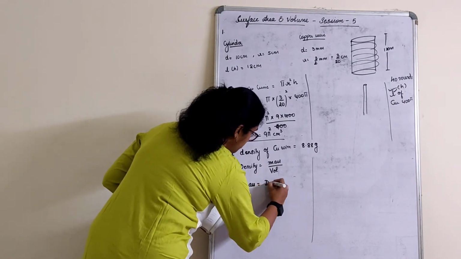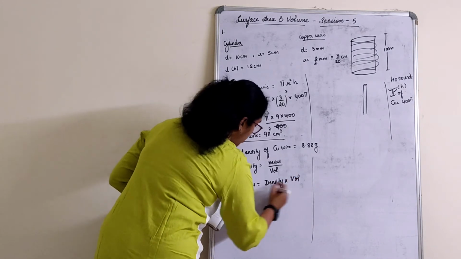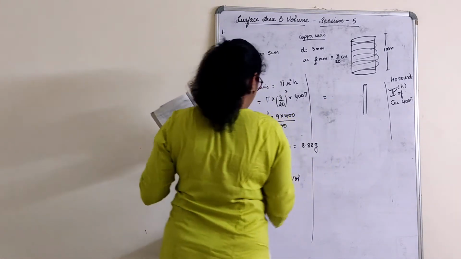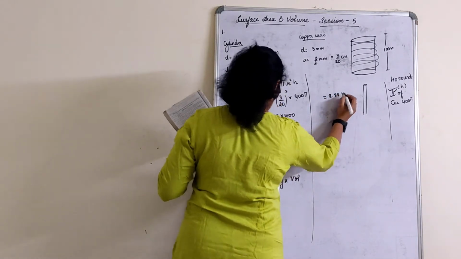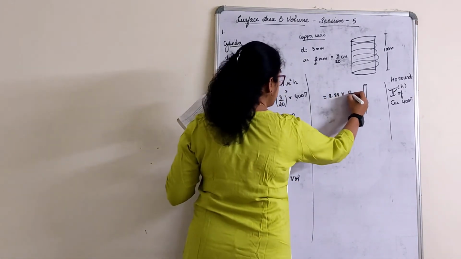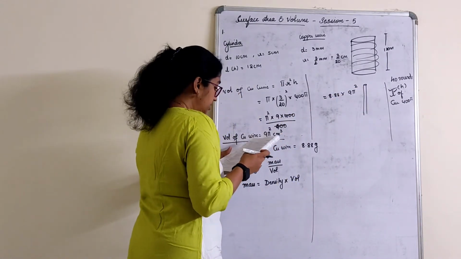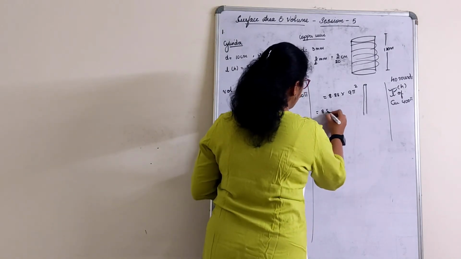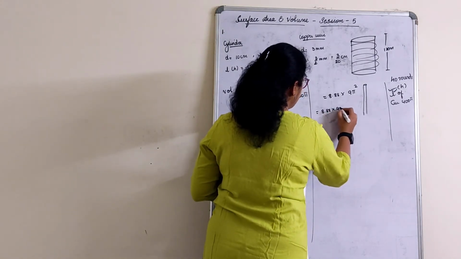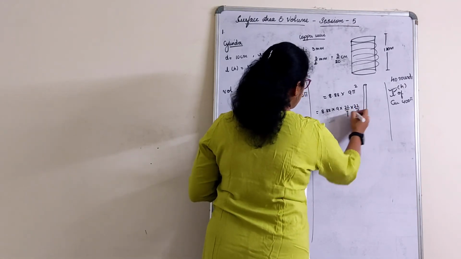Mass is equal to density into volume. That is what we have to find out. Density is 8.88 into volume is 9 pi square. Now pi value they have not given anything. Choose pi as found appropriate. 8.88 into 9 into 22 by 7 into 22 by 7.